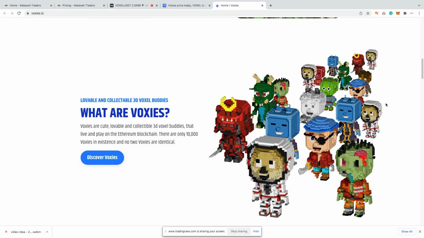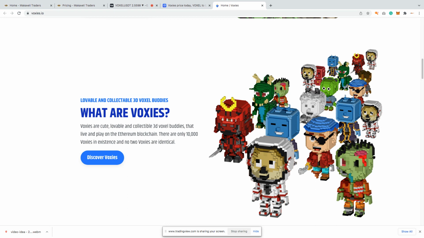Right now they say there are only 10,000 Voxels in existence and no two Voxels are identical. That is why it is an NFT. Once you own your Voxel, nobody can own exactly one like yours. So there's something that differentiates your Voxel from the next person's Voxel.